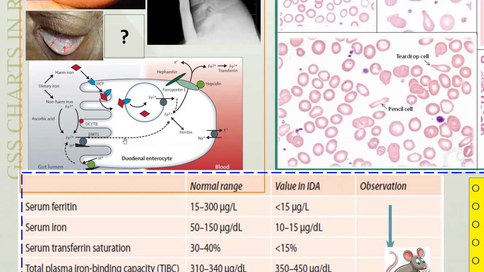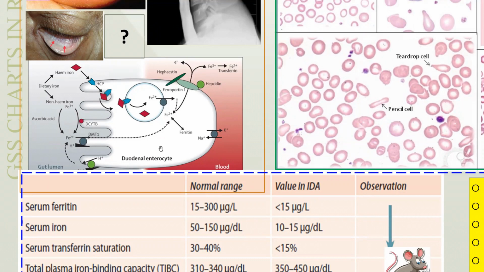And there will be a transferrin that is carrying it to the blood. Also, you find that there are other components such as hepcidin, which will impede the absorption when the store is adequate, or there can be a hepcidin which will be promoting it. These things we people should know.